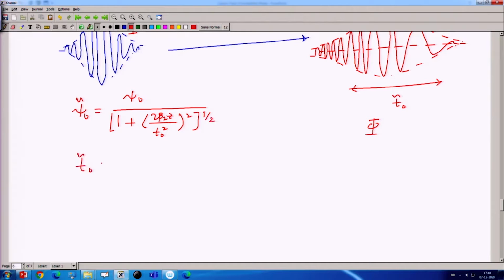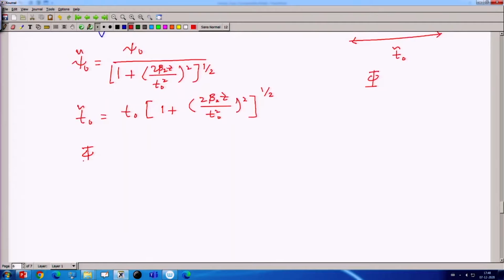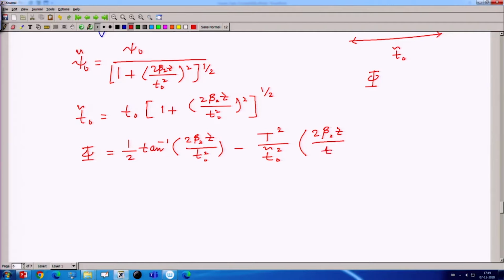My T 0 tilde is T 0 times (1 plus (2 beta 2 z divided by T 0 square) whole square) to the power half, and another term phi, which was half of tan inverse of 2 beta 2 z divided by T 0 square, minus T square divided by T 0 tilde square, times 2 beta 2 z divided by T 0 square.